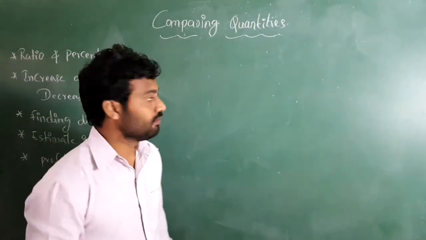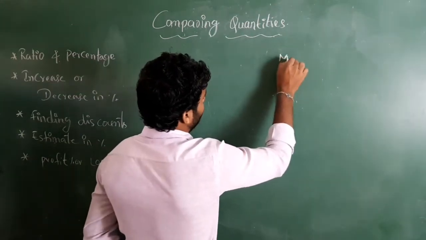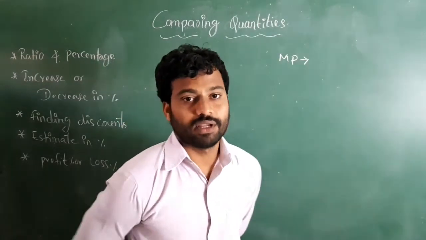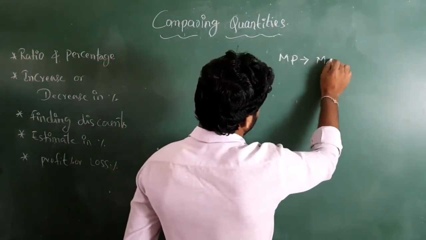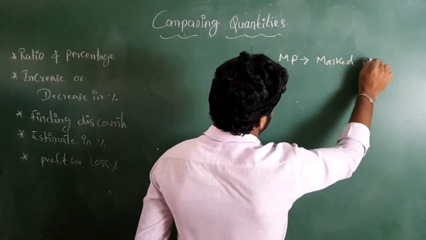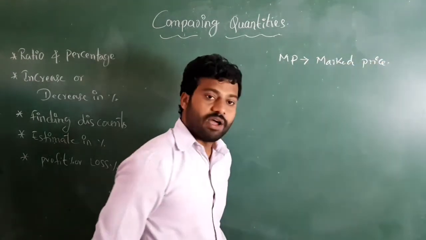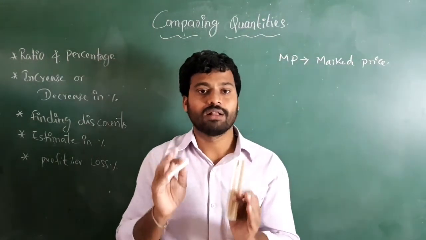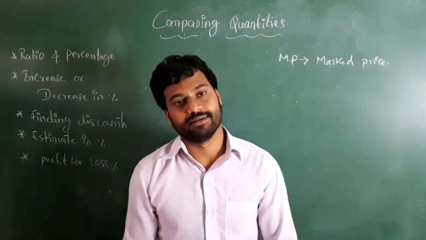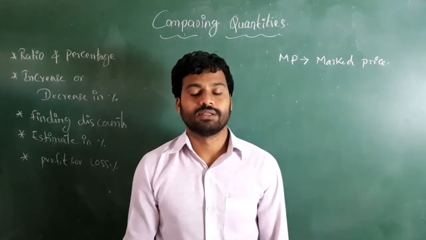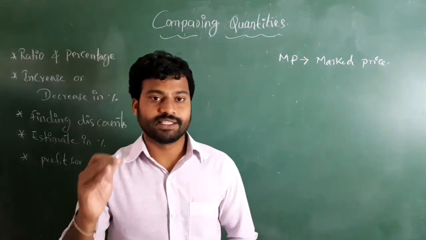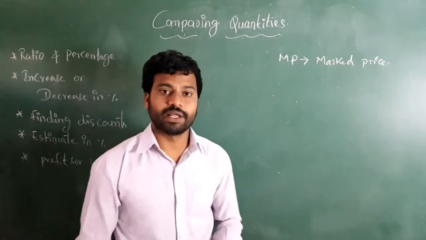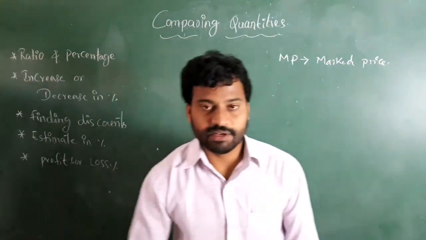That is what MP means, marked price. Already the company people have decided one particular amount for the quality or quantity of the product. Clear or not? For that product, they already decided this should be the value. So that is called the marked price.